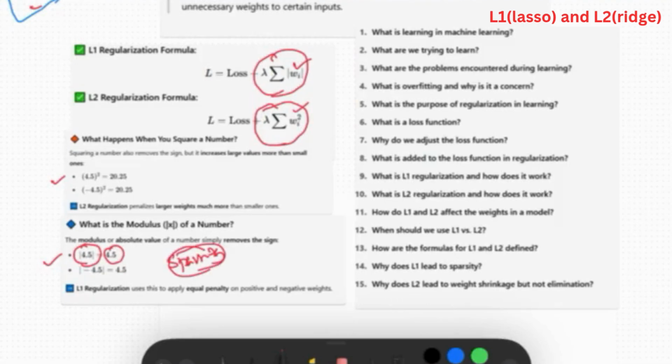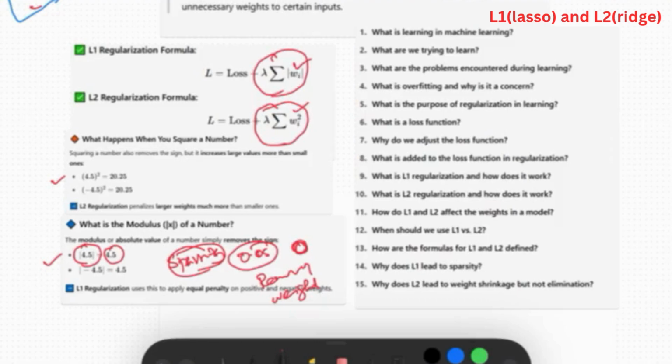Sparsity means that suppose you have 0.05, so there is no priority for this input, right? So you can make it 0. So it introduces 0 to the weight, which means that you are removing the weight which is of lower priority or doesn't add significance to the model.